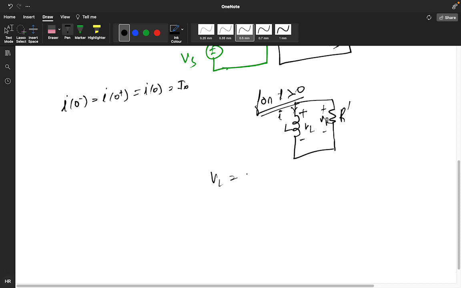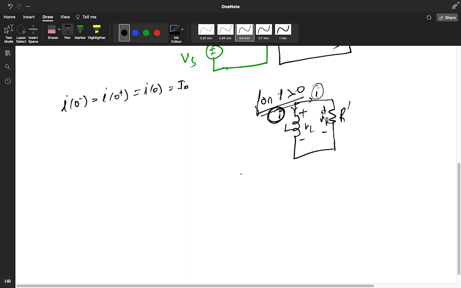What KVL equation will you get? Let us assume V of R in this way, negative positive, because the direction of the current will change. If the supply is like this, the current will start flowing like this.